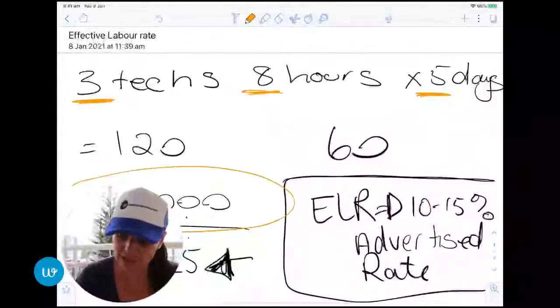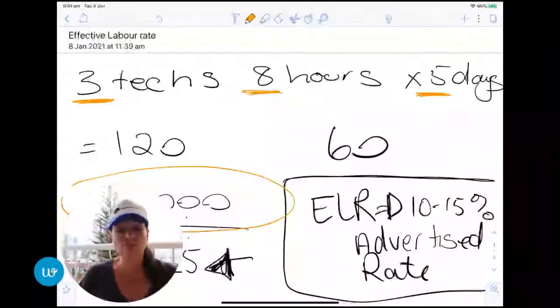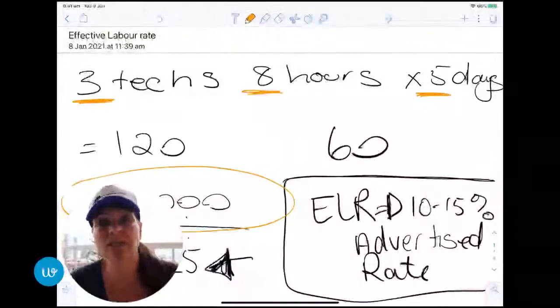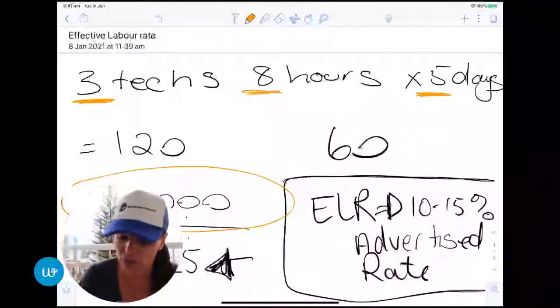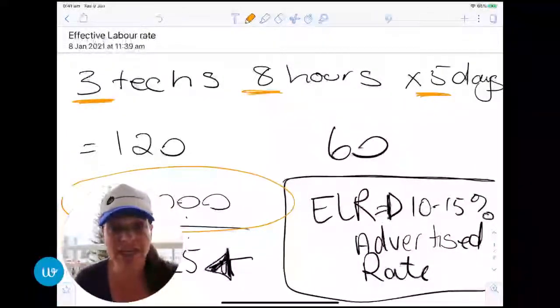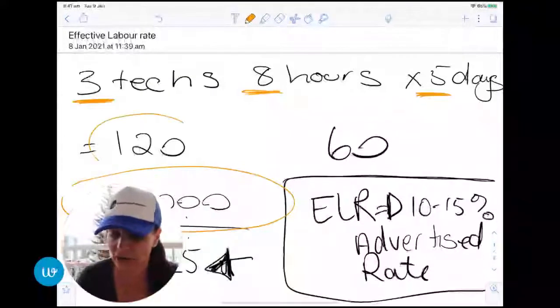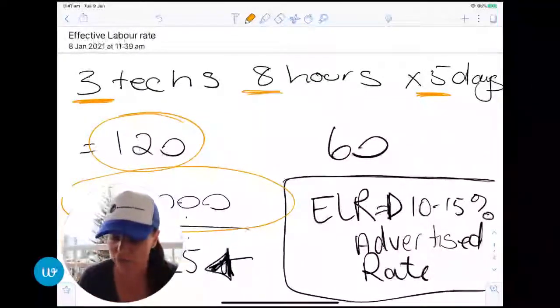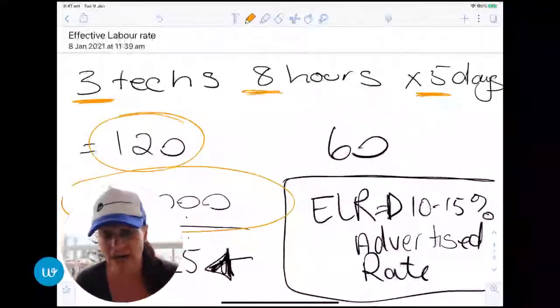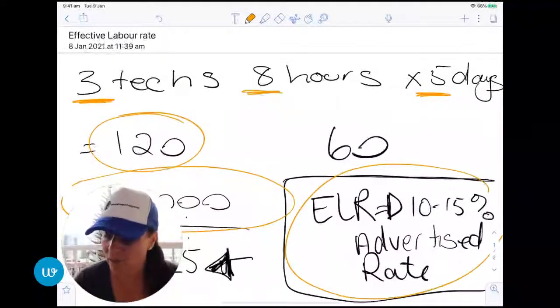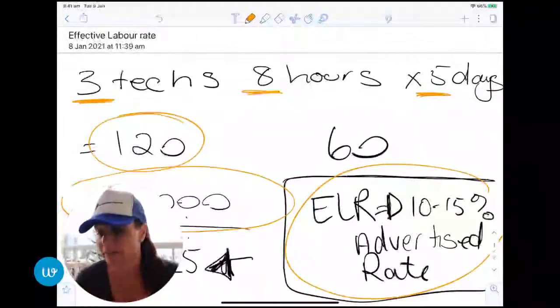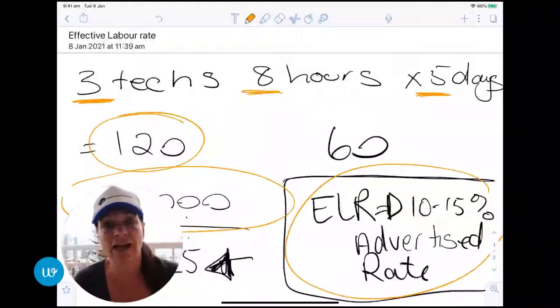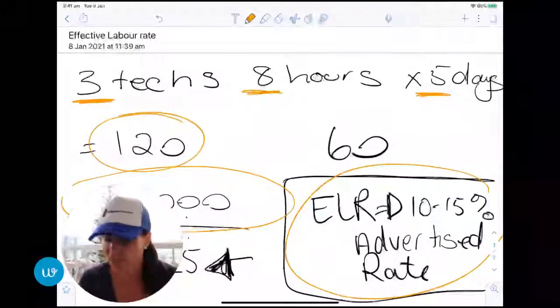We take our total sales and we divide it by the number of hours available to sell. So if you sold $10,000 in sales for the week and you had 120 hours available, you divide your 120 into your $10,000, and that will give you your effective labor rate. The benchmark, again, we want your effective labor rate to be within 10 to 15% of your advertised rate.